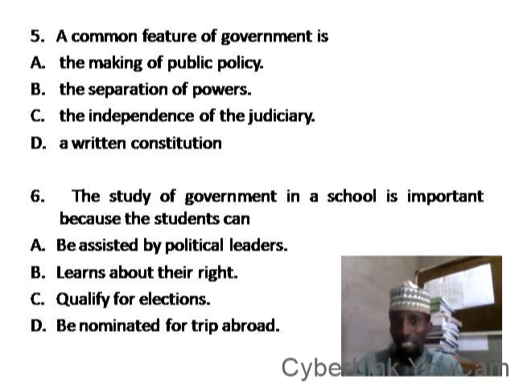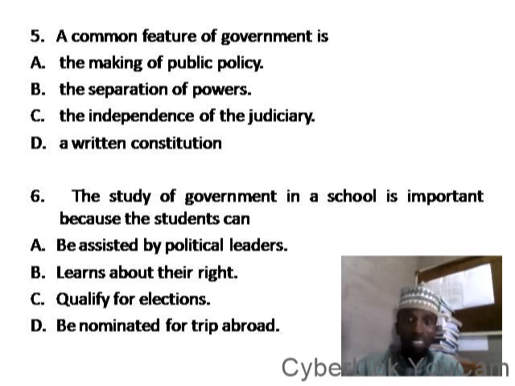You look at separation of powers, even in the presidential and parliamentary systems of government, separation of power is not applicable to parliamentary. We don't have clear-cut separation of powers. We have fusion of powers, where the prime minister and the cabinet are both members of the executive and the legislative. So it is not common to all types of government.